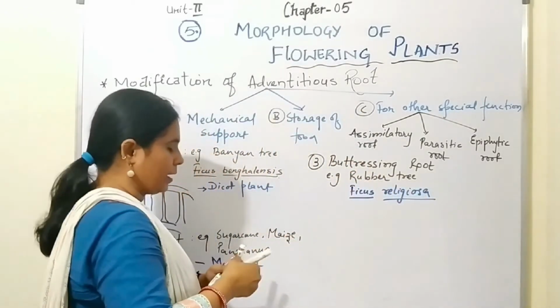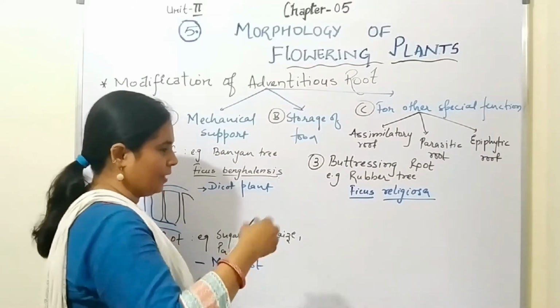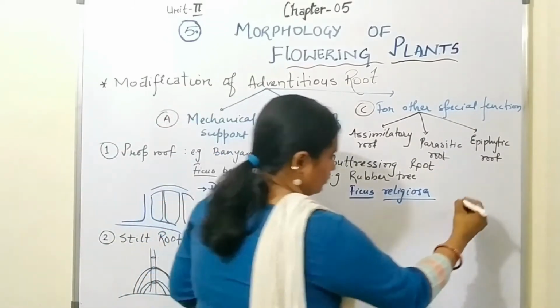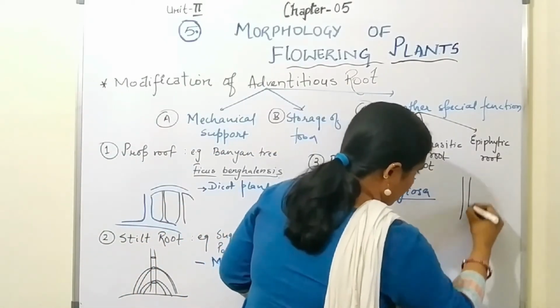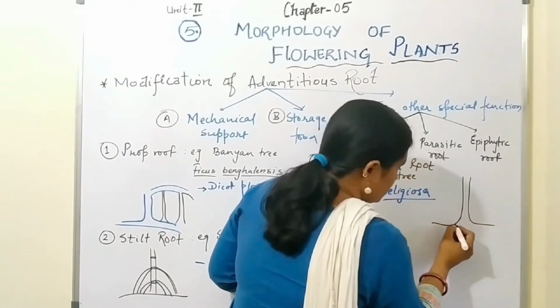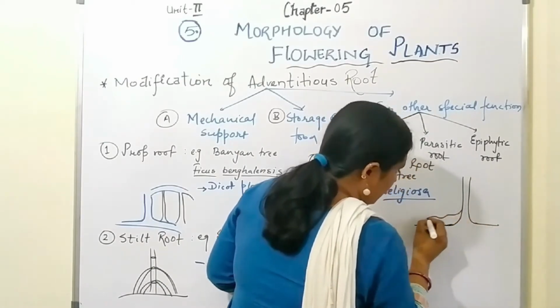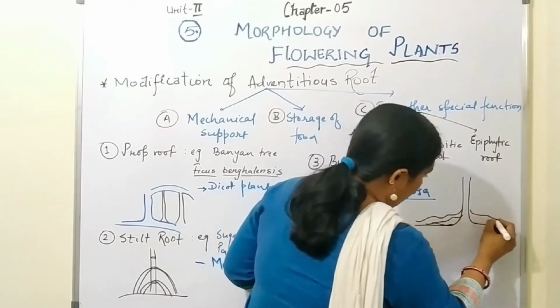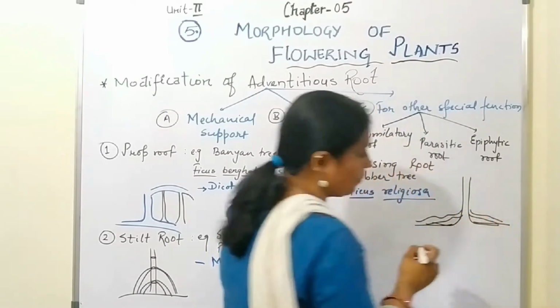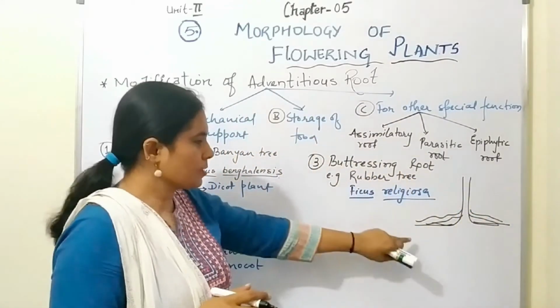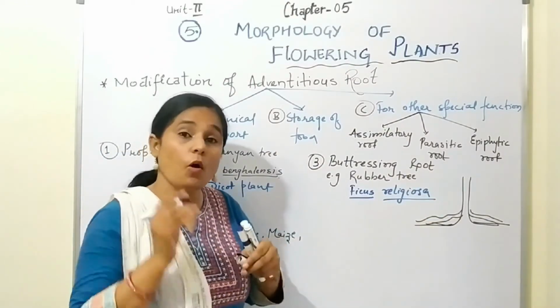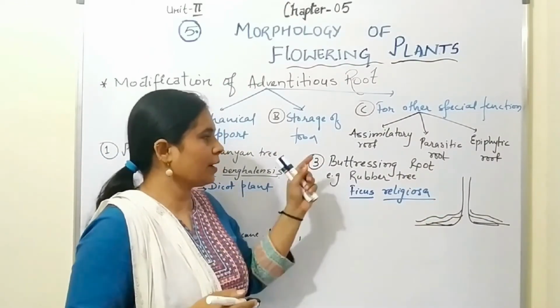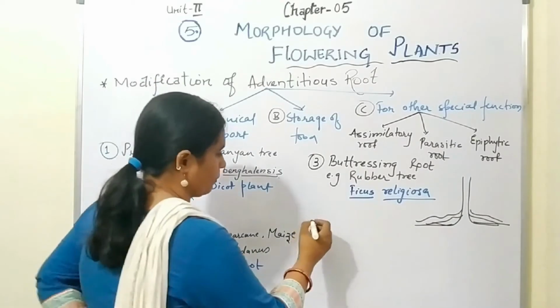In this type of tree, what you will see is horizontal roots coming out from the lower part of the stem which support the huge plant. Such kind of horizontal roots are called buttressing roots.